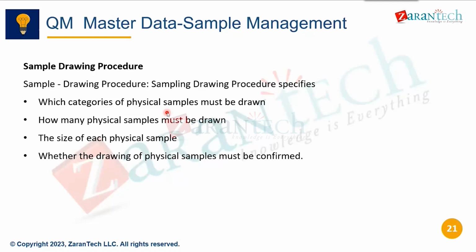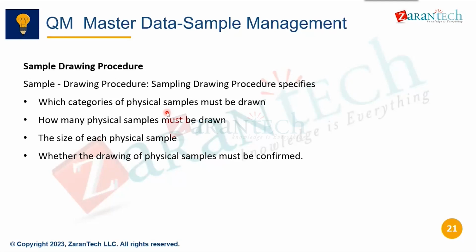This sample drawing procedure will define the size of the physical sample to be created, and what kind of sample, whether it is a pooled sample, reserved sample, or primary sample. And what is a primary sample? Whenever there is a goods receipt for any raw material or production, the quality team will be informed, and they will go to the certain location and collect the sample.